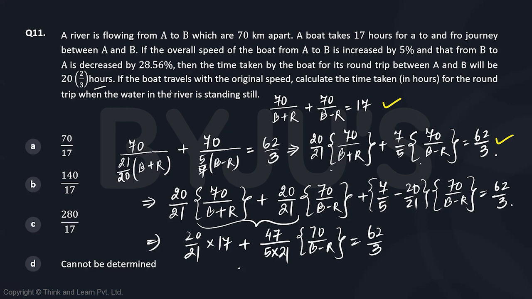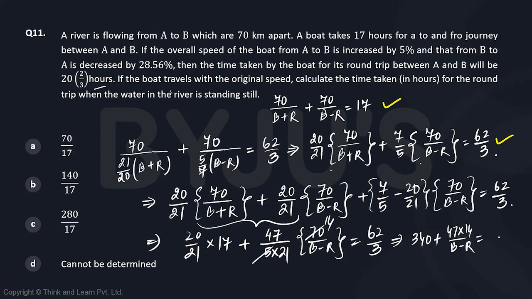Well, what we can do is cross multiply throughout by 21, or 7, because this is going to be 14. So from here, we will have 20 into 17, which is 340. And the next one, we will have 47 into 14 upon (B minus R).